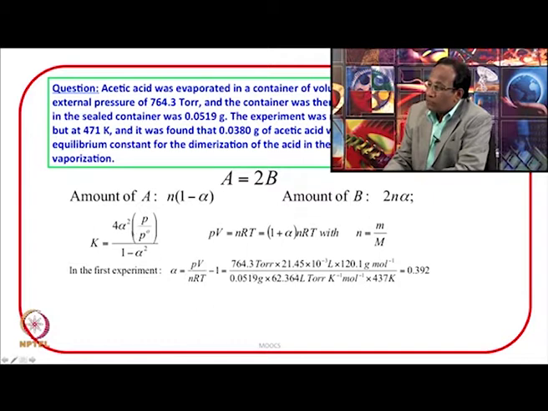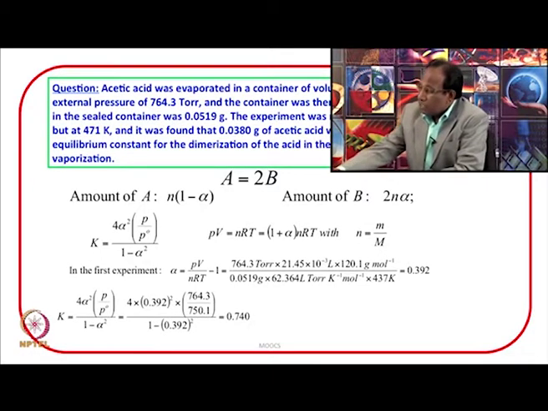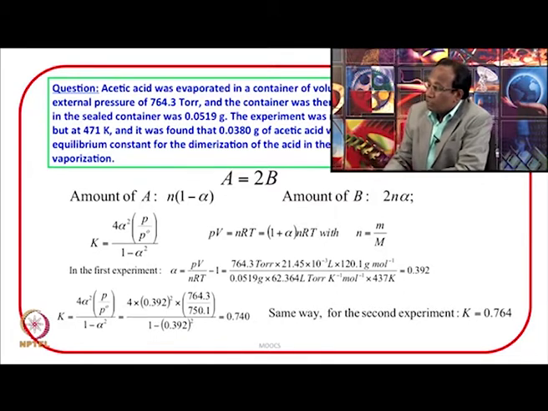So once you know alpha, you can easily calculate K. What you are getting is K equal to 0.740. This is at 437 Kelvin. Similar calculations for the second experiment at 471 Kelvin, K will be equal to 0.764.